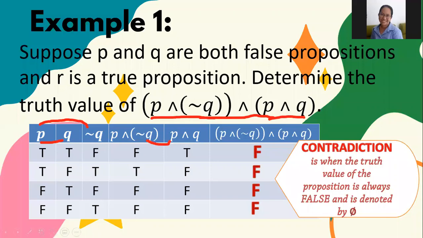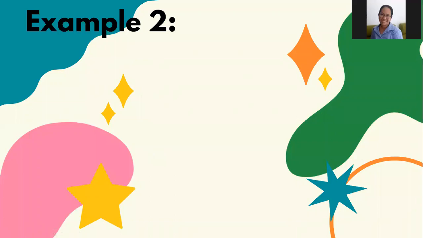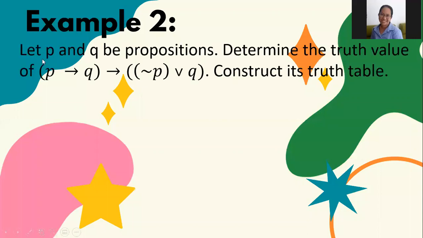Any question with the first example? None? Okay. So let's proceed with the next example. Siyempre, kung yung first table natin ay all false, we'll try to show yung all true naman ang lalabas. Let us assume that P and Q are two propositions.